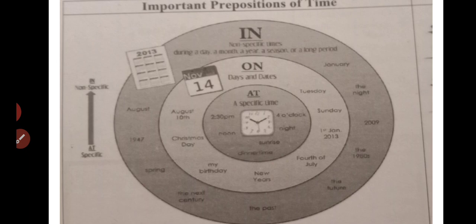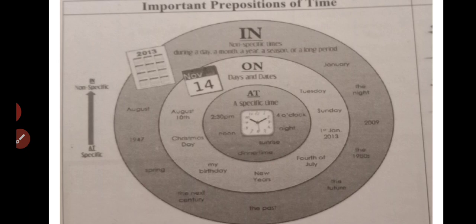Next, dates. In front of dates also we use the preposition on. On 1st January. On my birthday, on a particular day also we use the word on: on my birthday, on New Year's Day, on Christmas Day. When we say a specific day, we use the word on before the day.